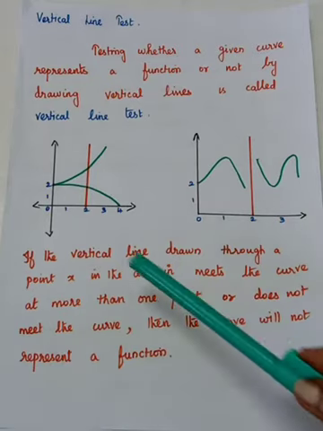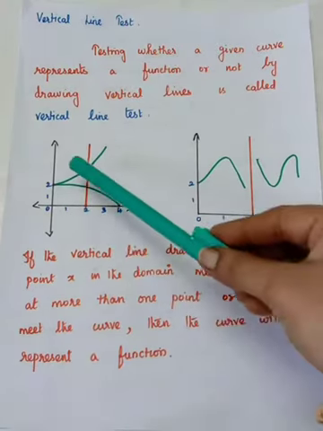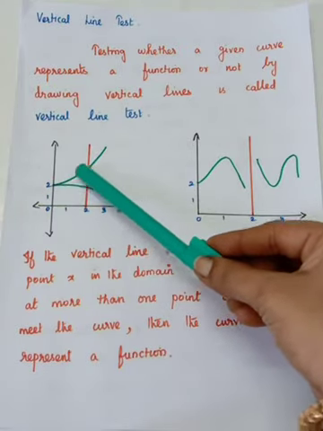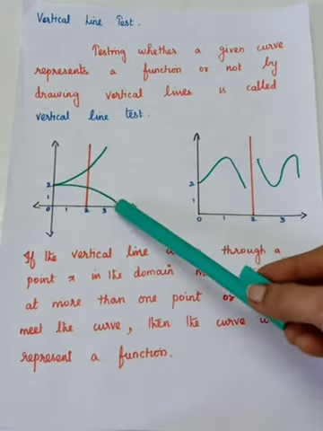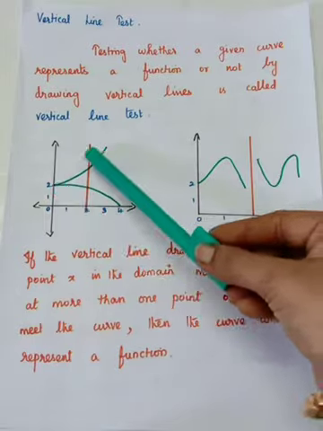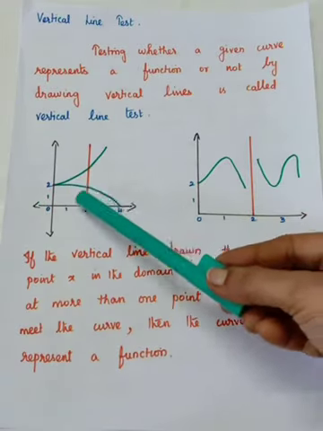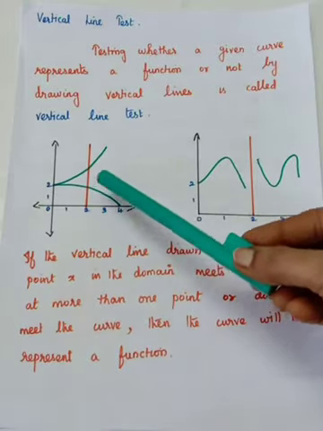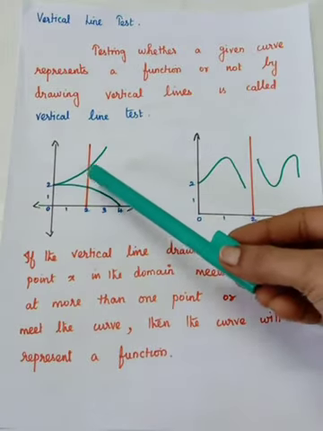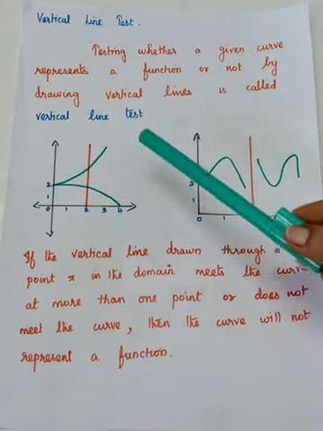Look at the first diagram here. The green color is the given curve. The equation is not given, but we are going to check whether it represents a function or not.